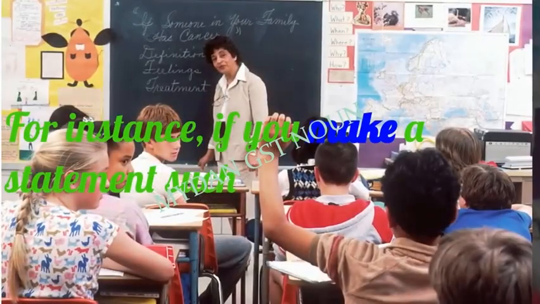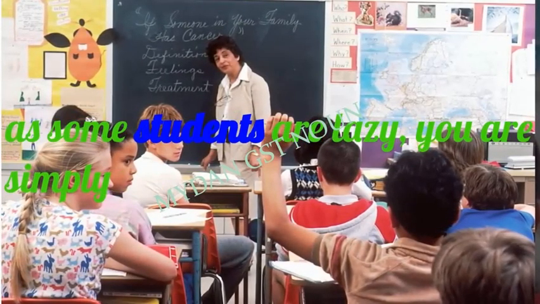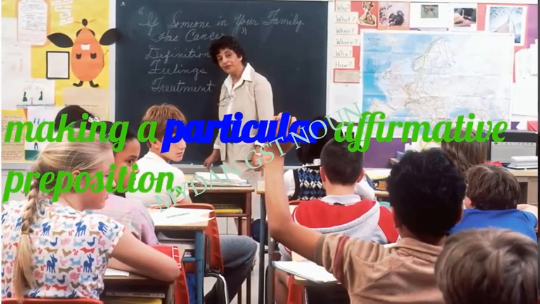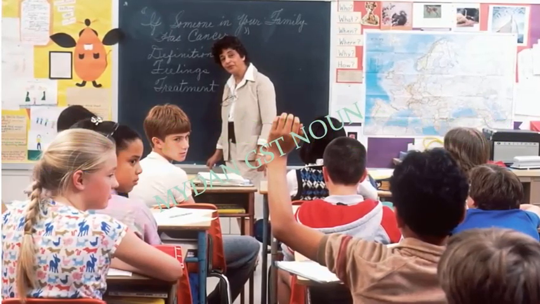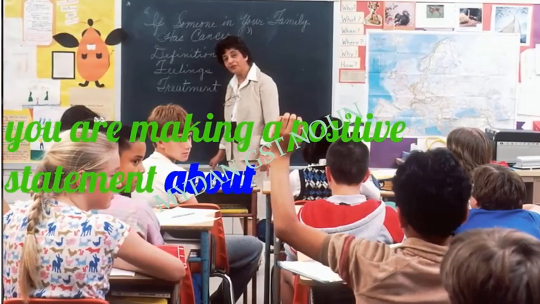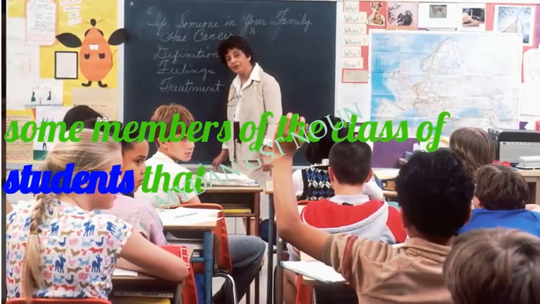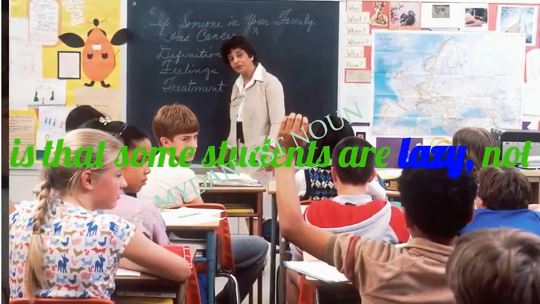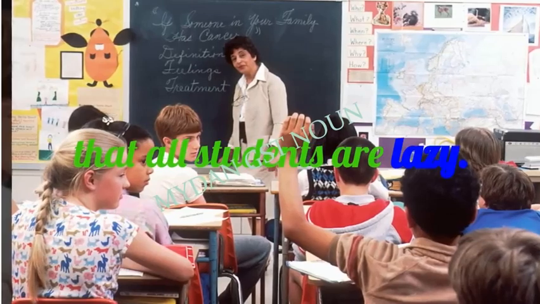For instance, if you make a statement such as, "Some students are lazy," you are simply making a particular affirmative proposition. You are making a positive statement about some members of the class of students. That is, that some students are lazy, not that all students are lazy.